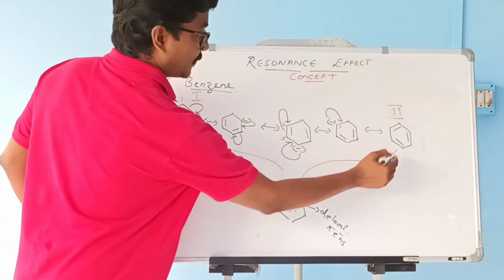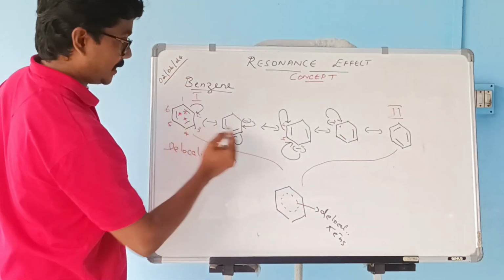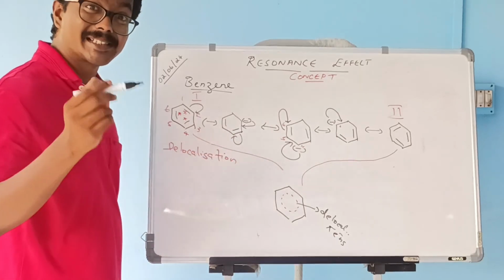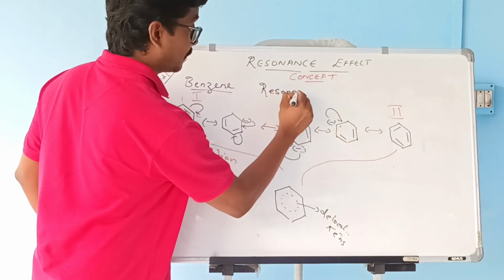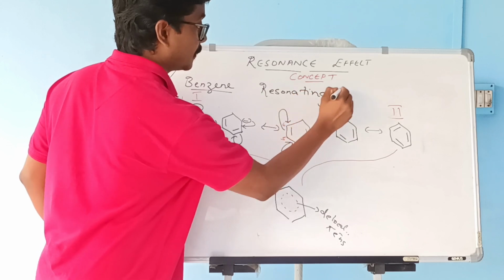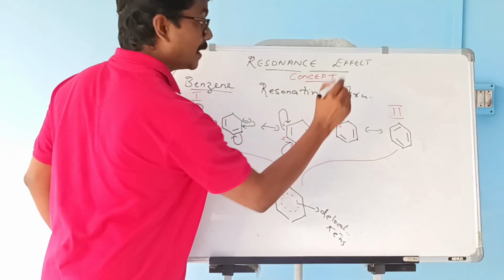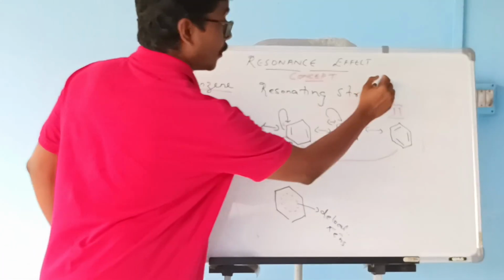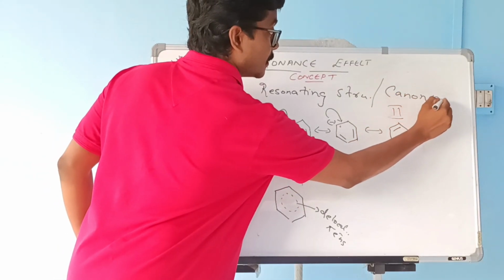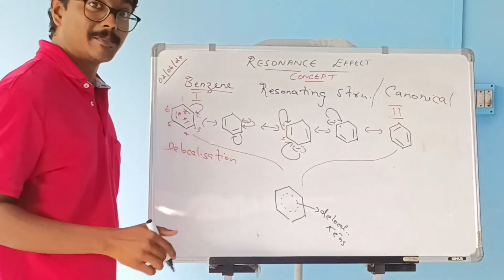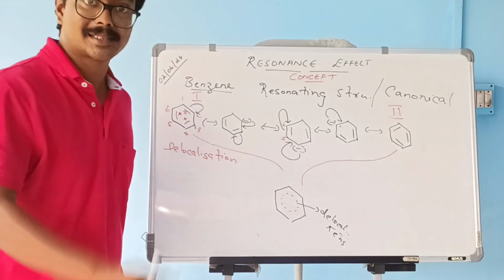These structures are therefore called resonating structures, or canonical structures, or resonance structures.